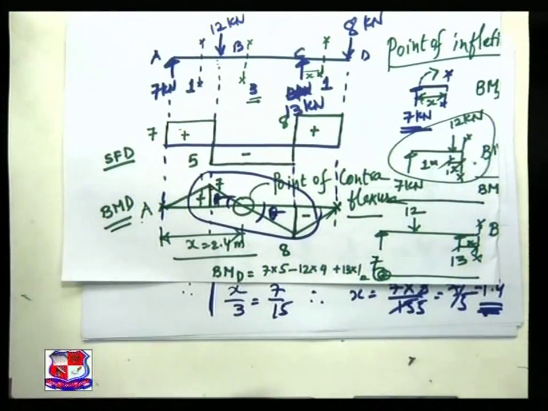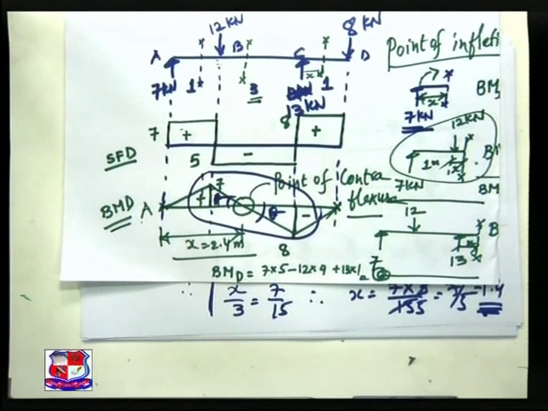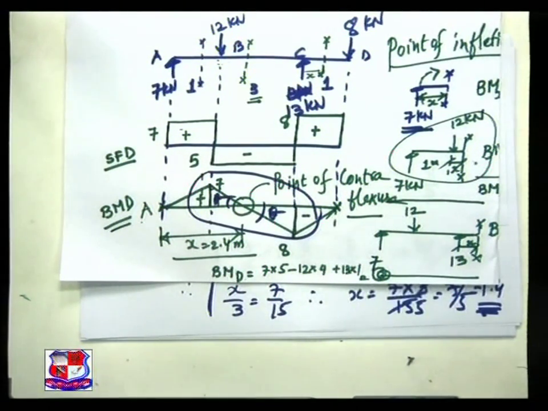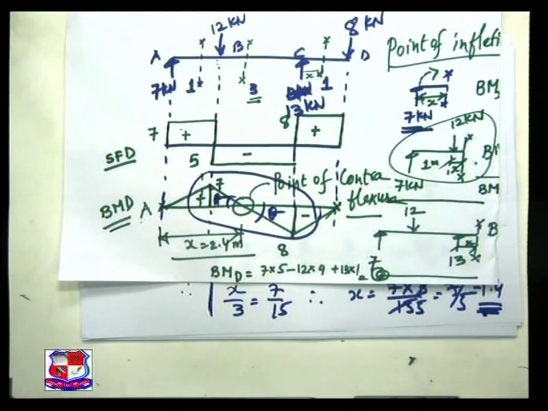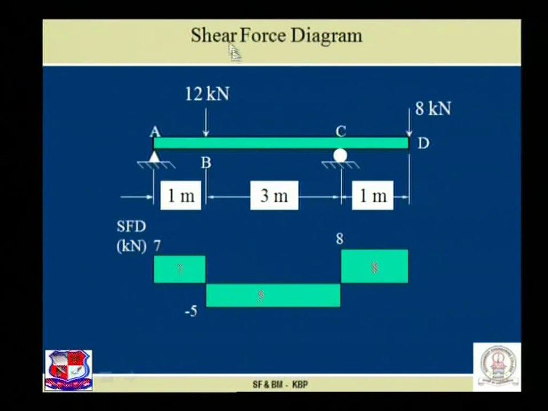So now let us visualize the same diagrams over here on this PPT. This is my shear force diagram. Yes, this is my shear force diagram where three different rectangular blocks will be there.